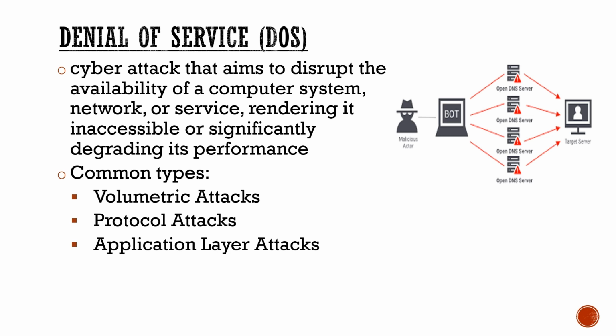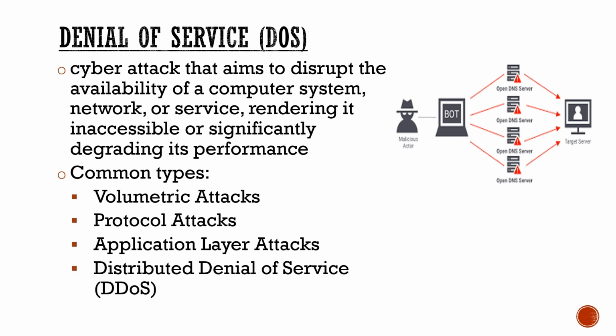For instance, an HTTP flood attack sends a large number of HTTP requests to consume server resources. Distributed denial of service or DDoS. This attack involves multiple compromised devices forming a botnet to launch coordinated attacks against a target. So we are familiar with distributed systems. So it happens in this kind of system. This amplifies the attack's impact and makes it more challenging to mitigate.